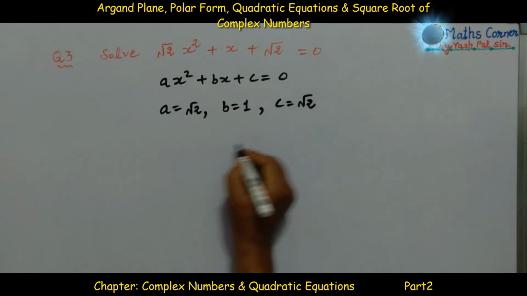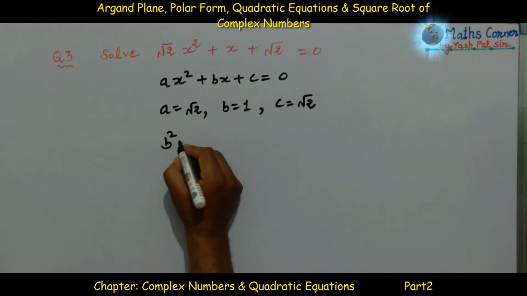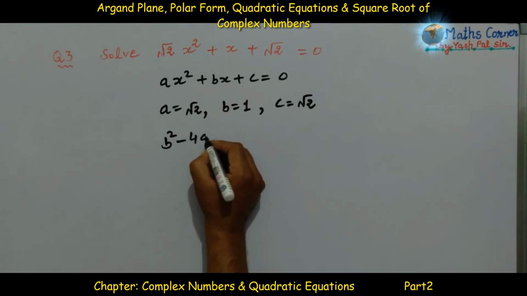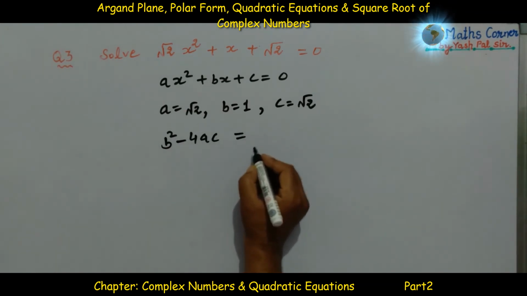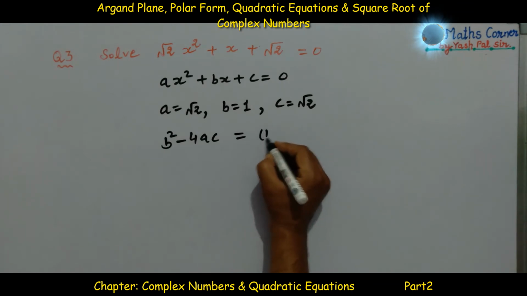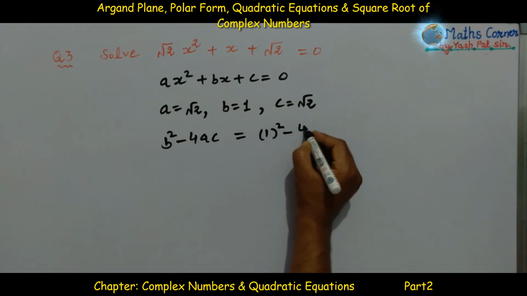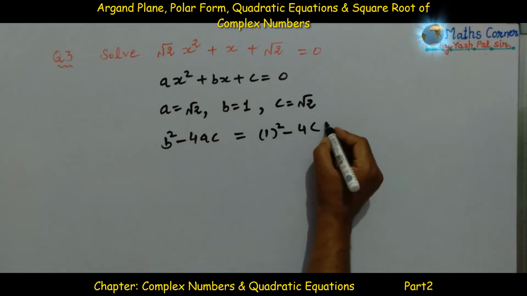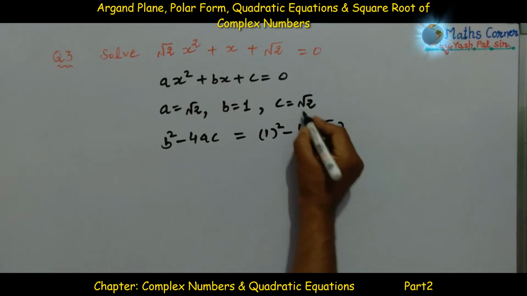So what is the value of b square minus 4ac? This is equal to 1 whole square minus 4 into a, which is square root of 2, and c is again square root of 2.